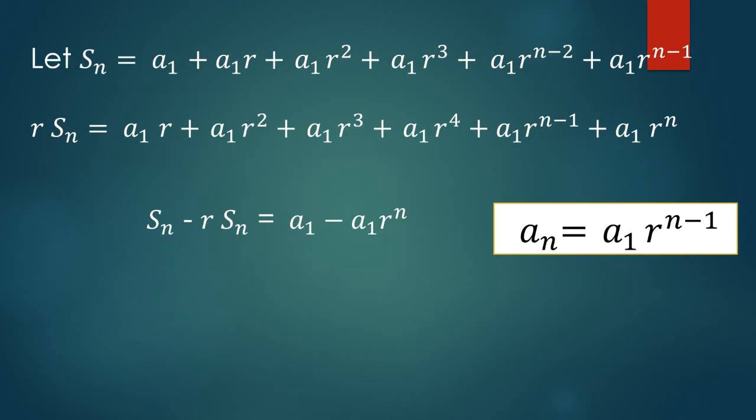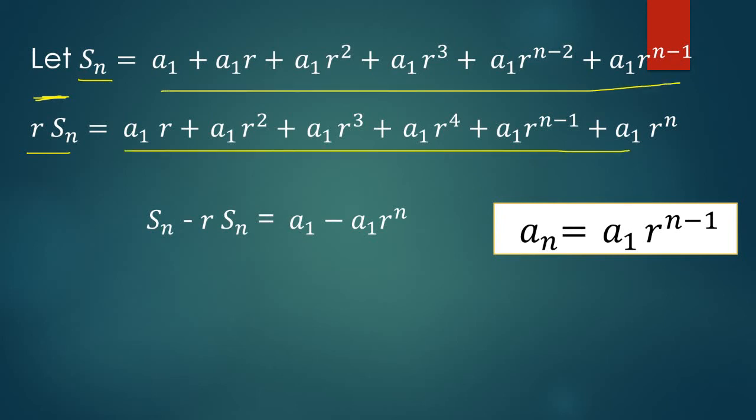How did that happen? We subtract RSn from Sn. Looking at our given equation, the A1R is subtracted here, so that is equivalent to 0, so they cancel out. This one is also subtracted here, so it also cancels out because it is equal to 0. They all cancel out. I'm sorry, there should be triple dots here.